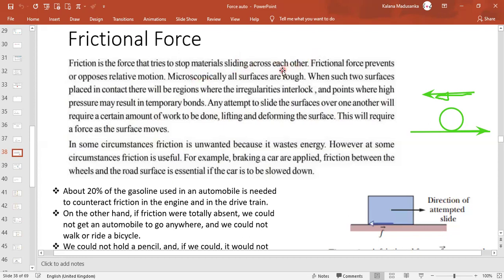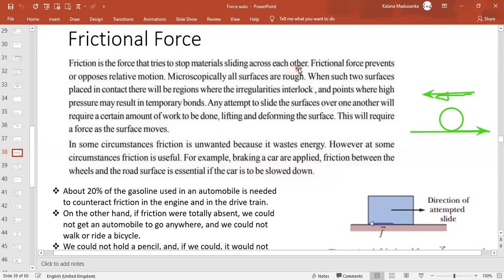Which means on carpet roads as well, there is friction. Even on tiles, there is friction, because they seem smooth, but for our naked eye, we cannot identify the rough spots.